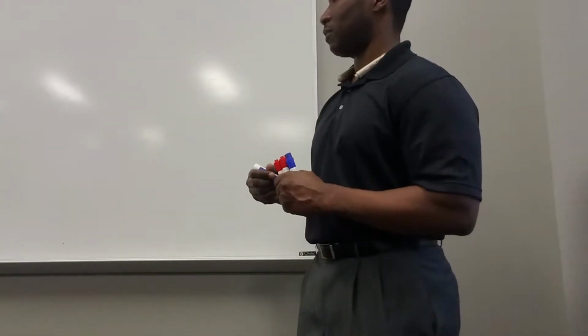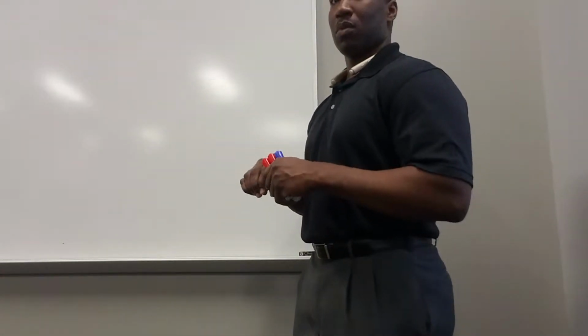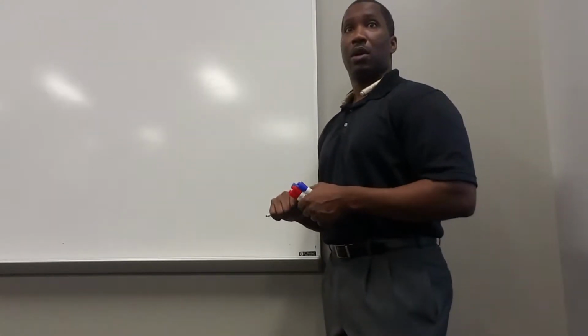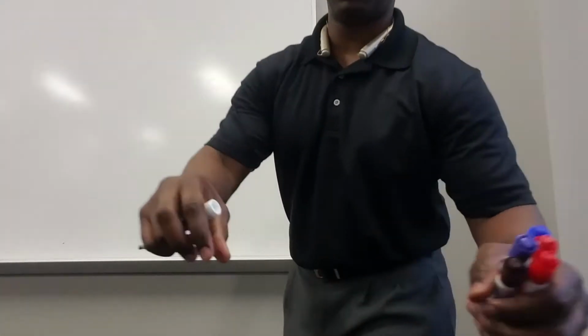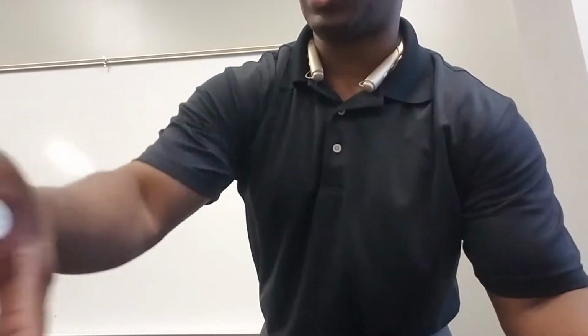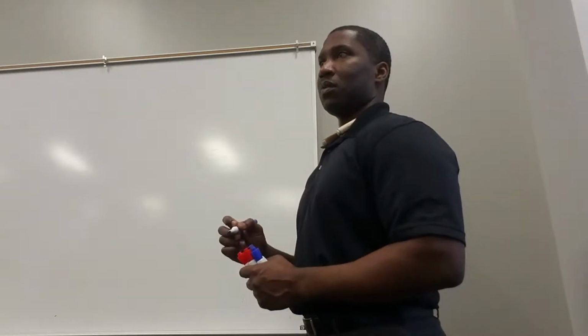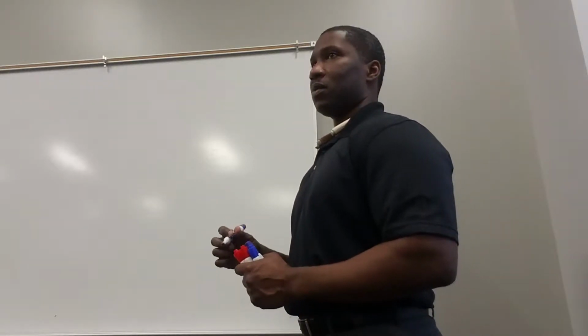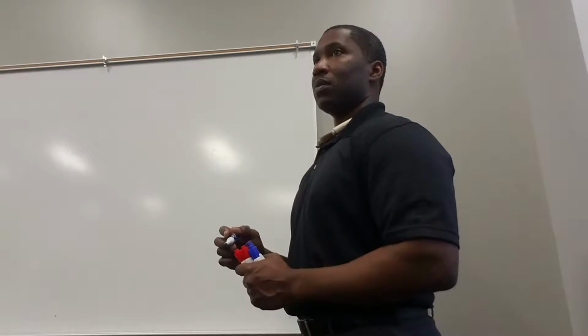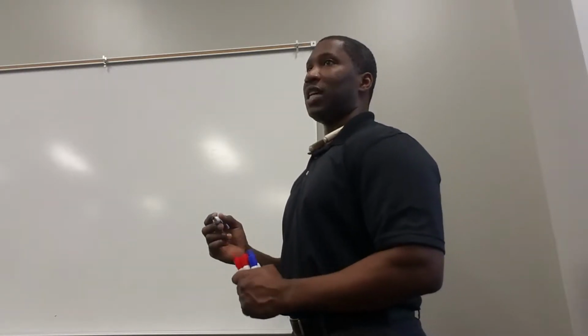Let's just start. What does a basic income statement consist of? Revenues minus expenses, okay? So when we look at our revenues, how many sets of revenues do we have? We have two sets of revenues, okay?